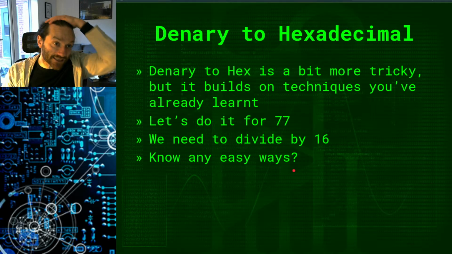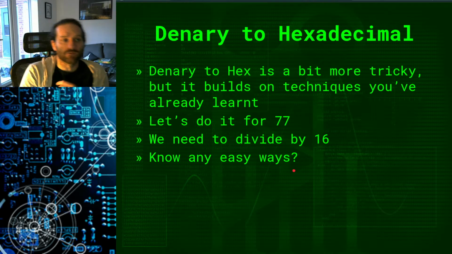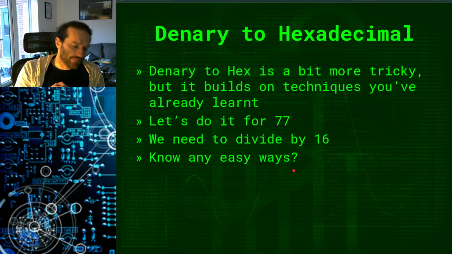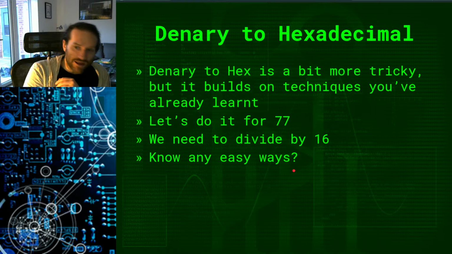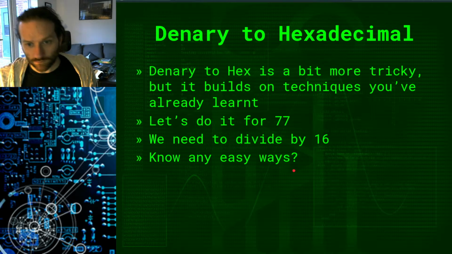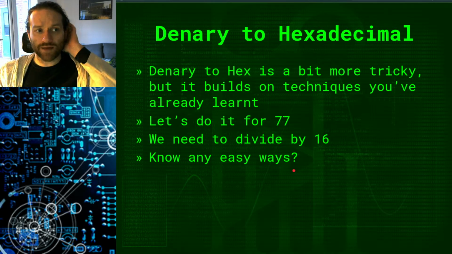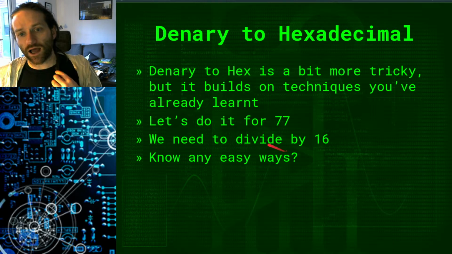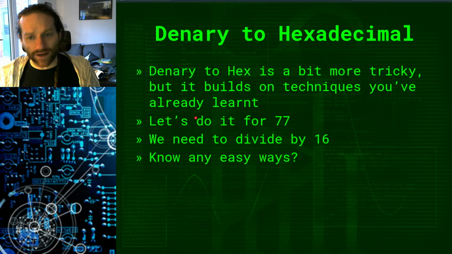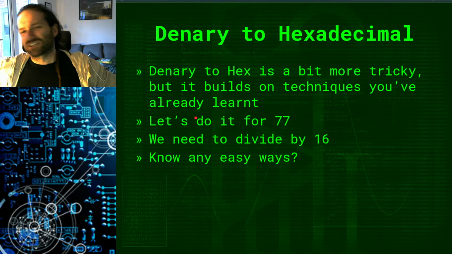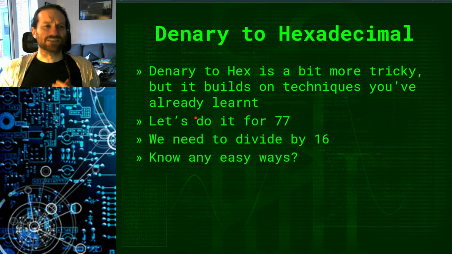Right, denary to hexadecimal is the most challenging of all of them. This is the one that people hate, mostly because it involves dividing by 16. But there are some easier ways of doing it. I've got a couple of methods that I can show you. You might think, 77 divided by 16 is easy, just use a calculator.